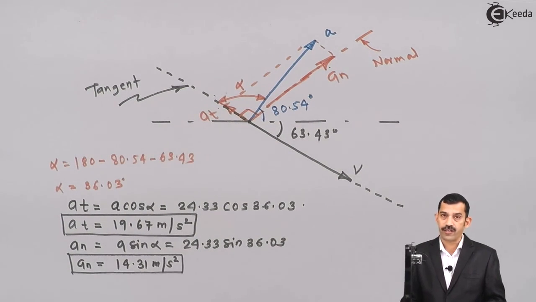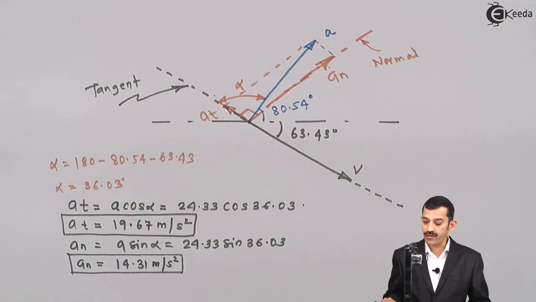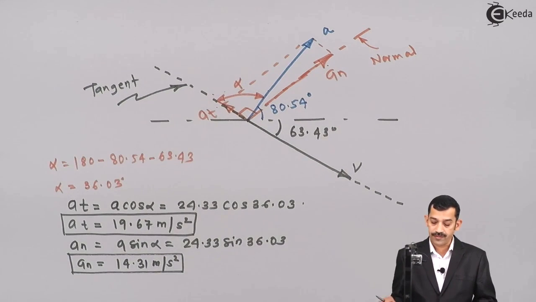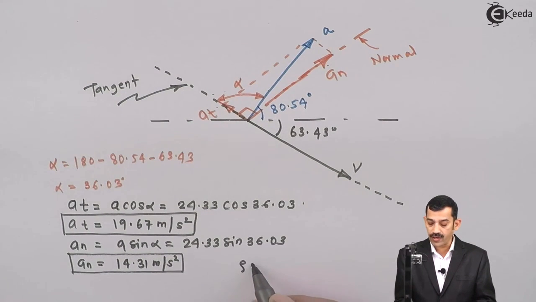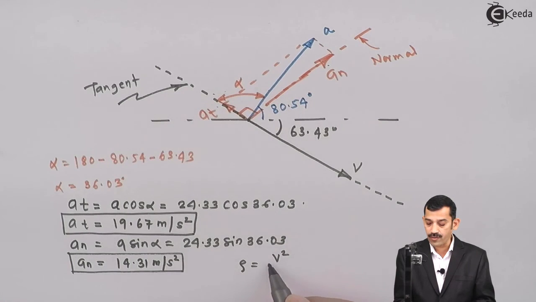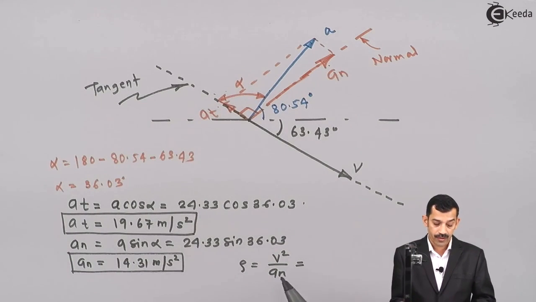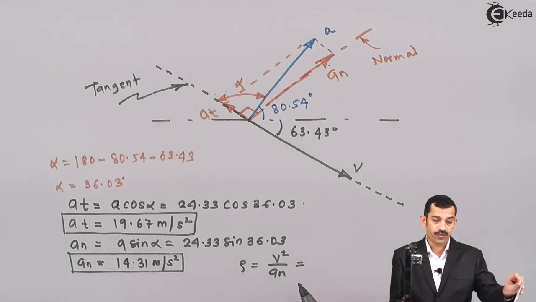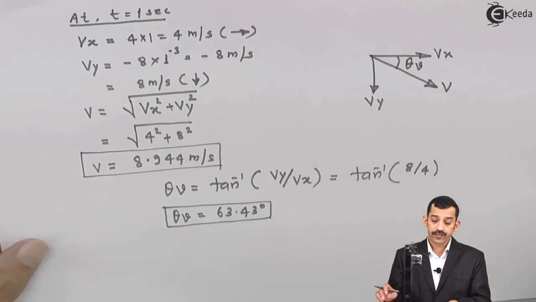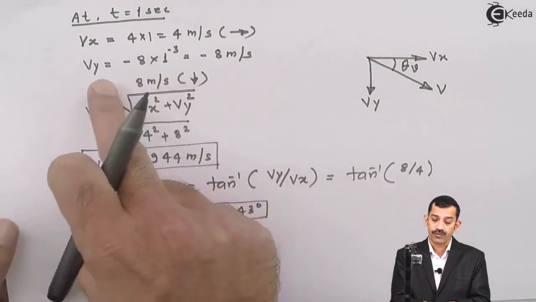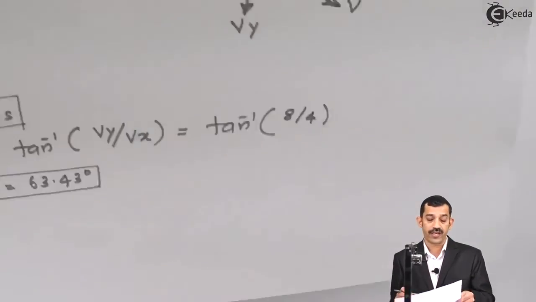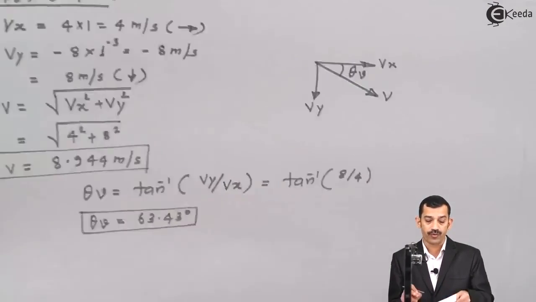Third part is to find out radius of curvature of the path. To find out radius of curvature, you know rho is given by V square upon AN. Now you know velocity already calculated. Velocity is 8.944. Let's check. This velocity we calculated: Vx 4, Vy 8, therefore resultant velocity 8.944.